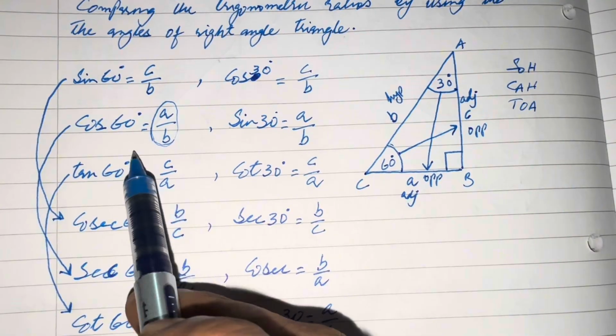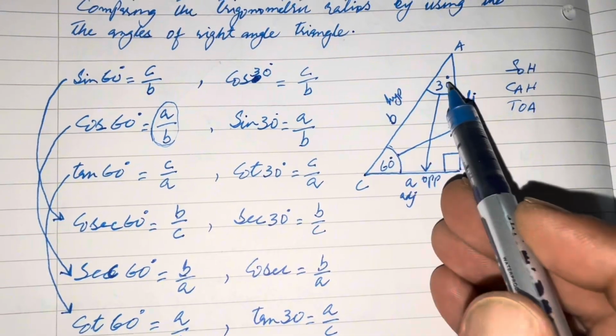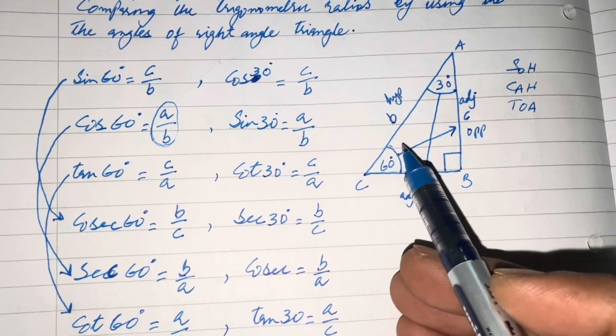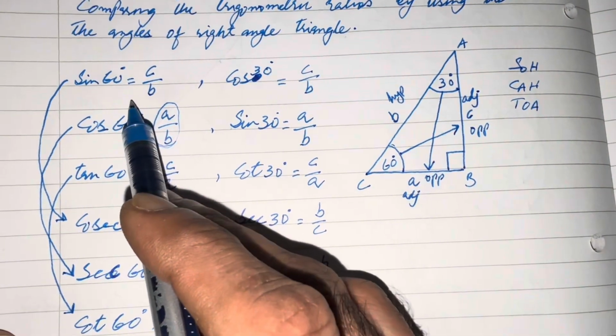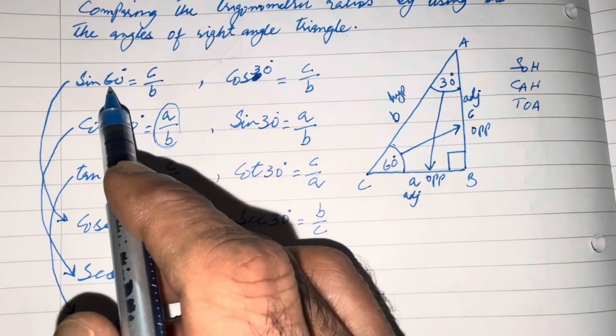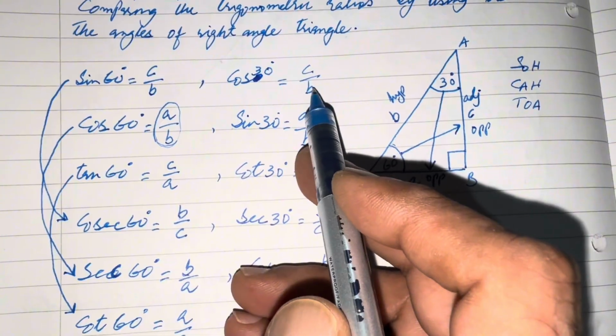You can see how all the ratios with respect to these two angles are equal to each other. I'm going to repeat once more: if sine 60 is C over B, then cos 30 will always be C over B.